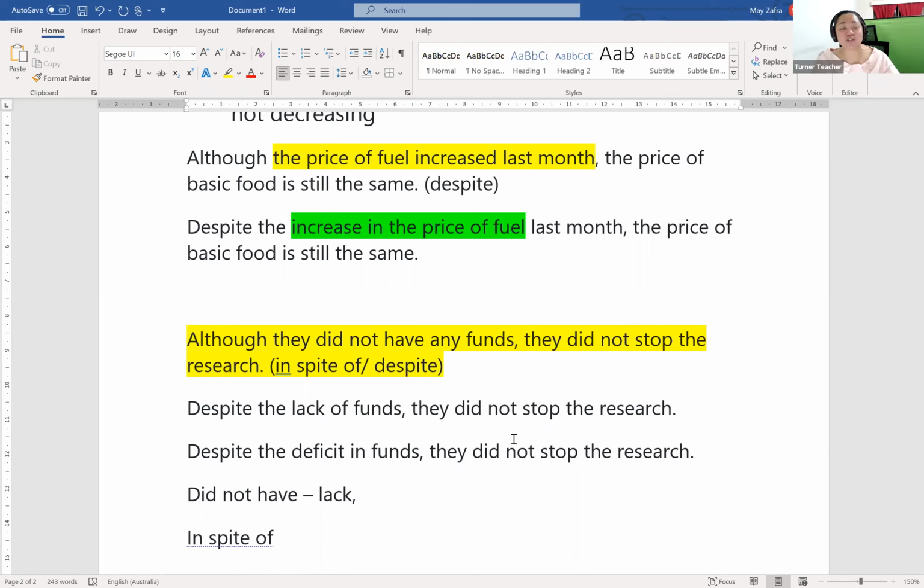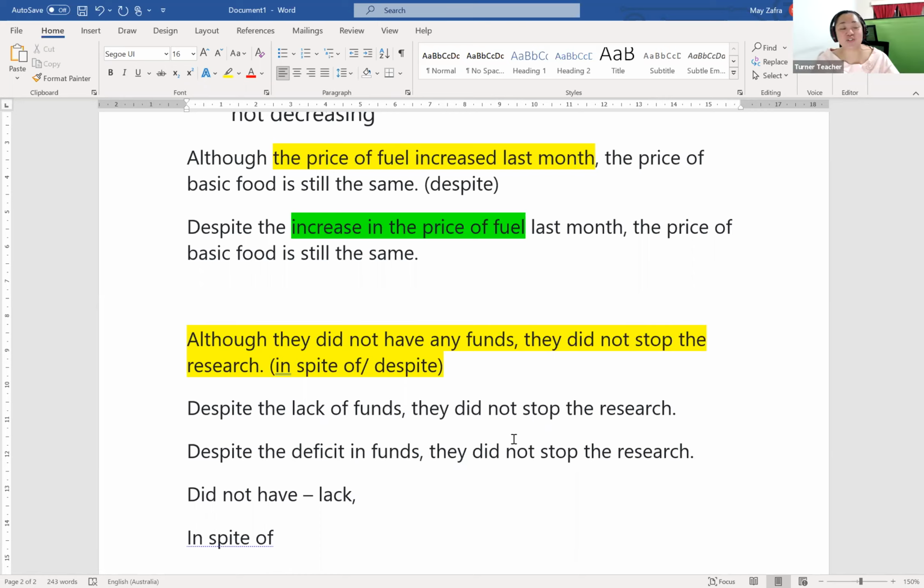Take out the being. In spite of short, or maybe instead of short, maybe what you want to say is scarcity. Scarcity is a noun.